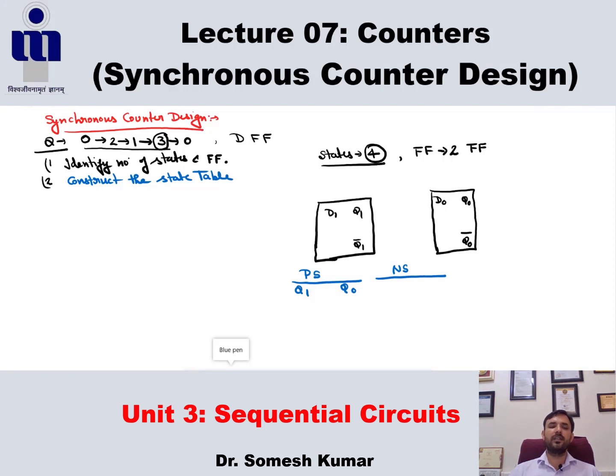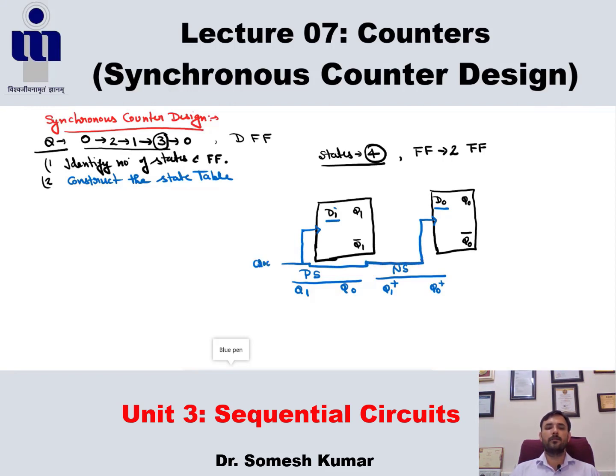So our state table defines the present state and the next state. Next state I am denoting as Q1 plus and Q0 plus. And in this counter design there are 2 inputs, one is D1, second one is D0. It is a synchronous counter, so there is one common clock here. So this is our common clock.